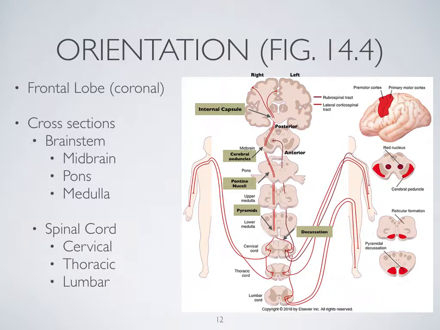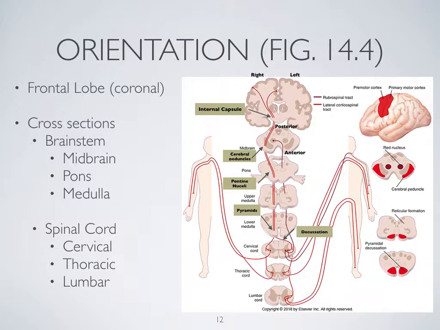So at the pontine nuclei, we're going to the contralateral cerebellum. The cerebellum is then sending feedback back to that pontine nuclei, and then it continues to filter down into the upper medulla. Then we go down to the lower medulla, and that's where we get that decussation at the pyramids.